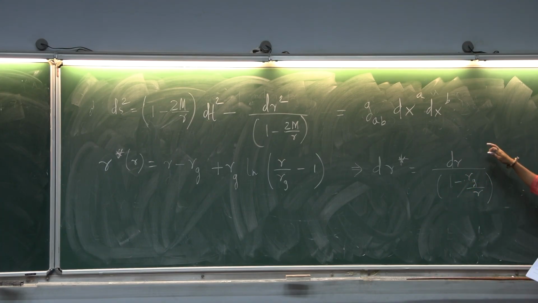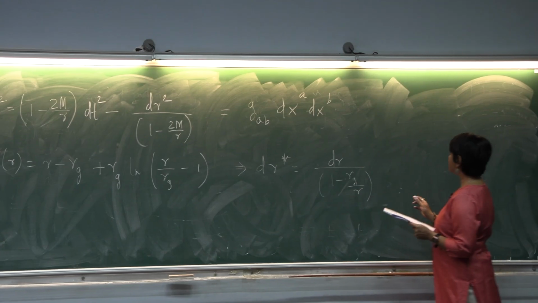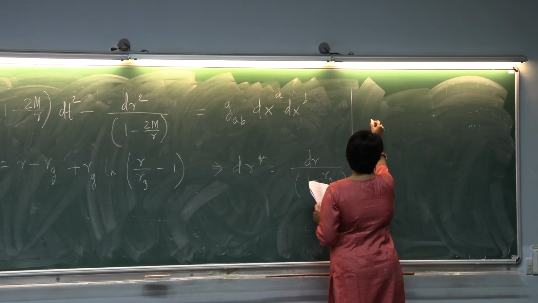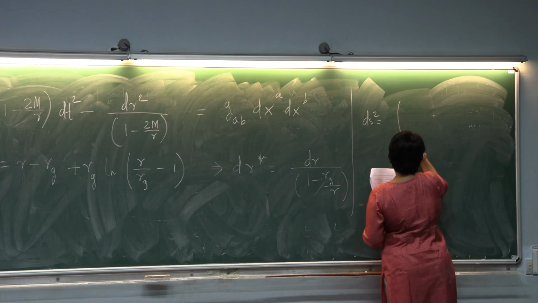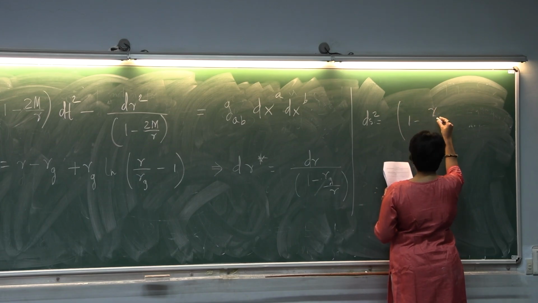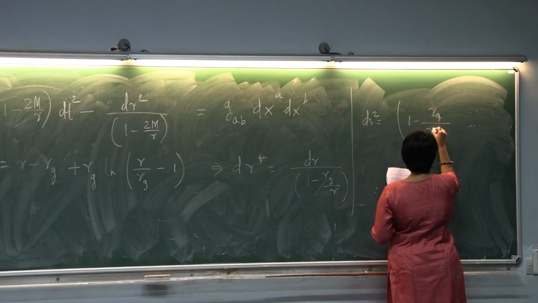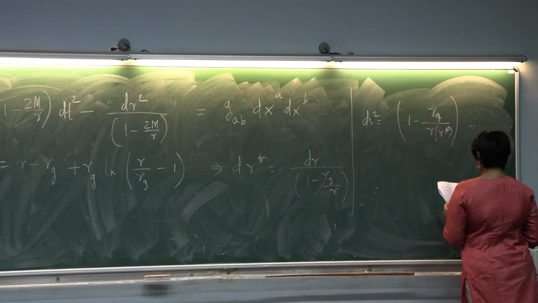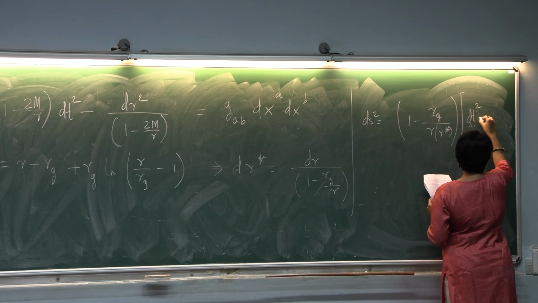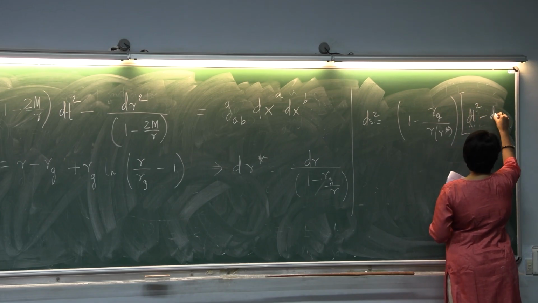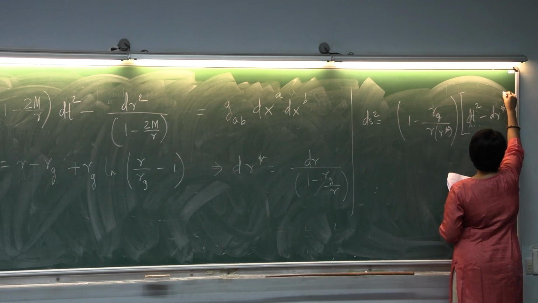Under this you can quickly show that the Schwarzschild metric becomes 1 minus rg over r, where r is now a function of r star, times the bracket dt square minus dr star square.